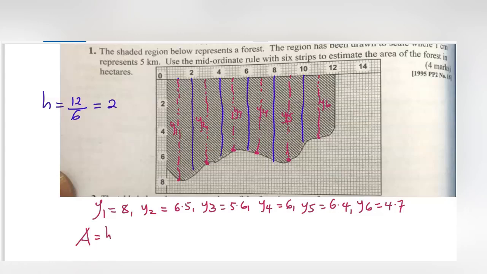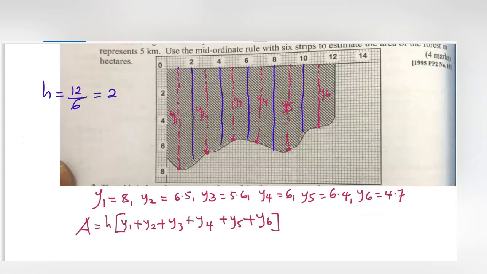Once we have gotten the lengths of y1 all the way to y6, the area is going to be equal to the height into the sum of the ordinates, that is y1 plus y2 plus y3 plus y4 plus y5 and lastly plus y6.